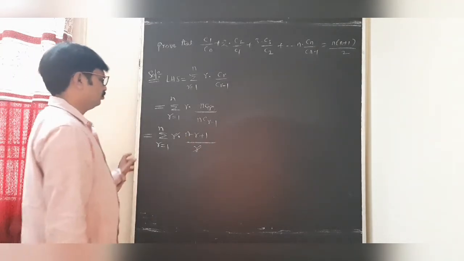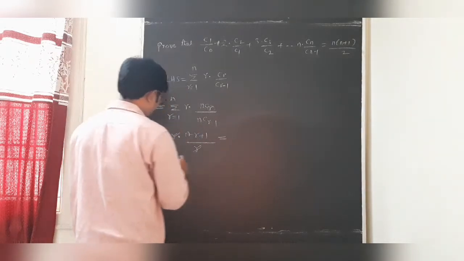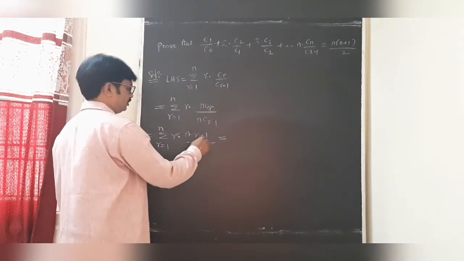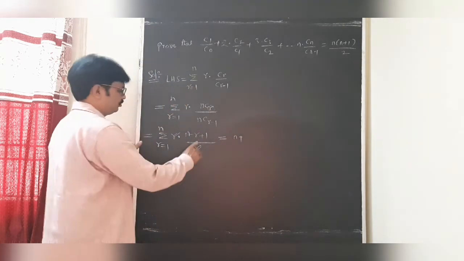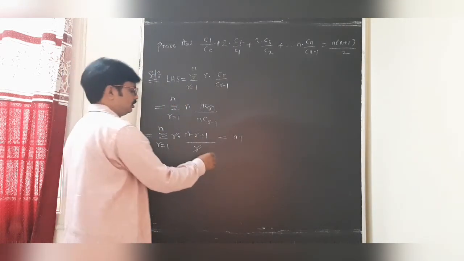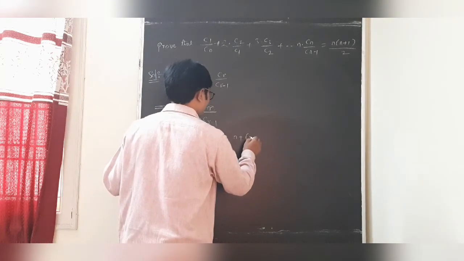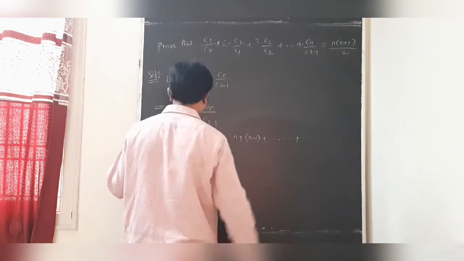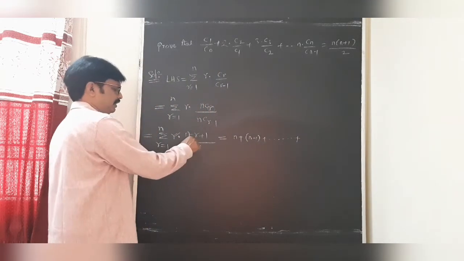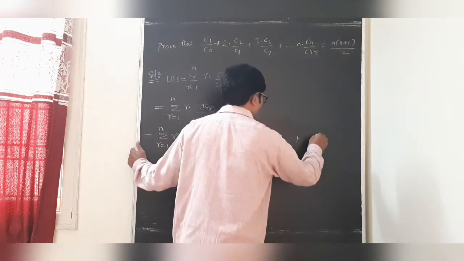Now, students, we substitute first r equal to 1. That is 1 cancelled, that is n. After that, when we take r equal to 2, that is n minus 1, and so on. When we substitute r equal to n, undoubtedly that is 1.